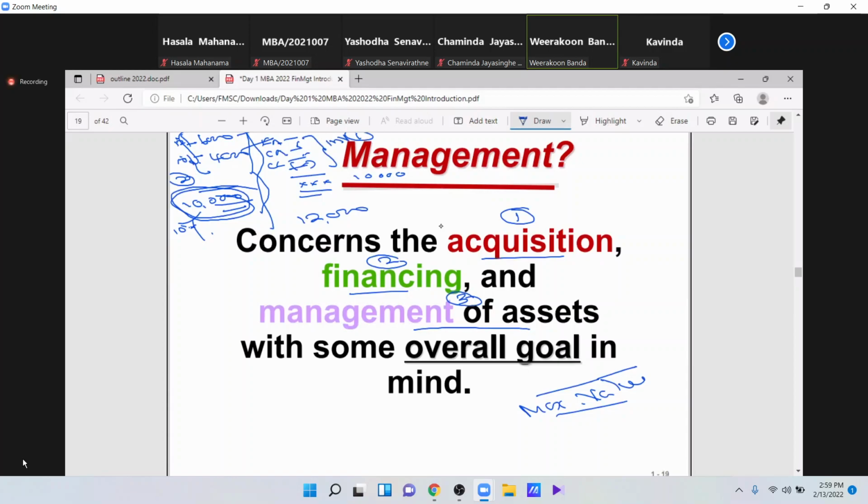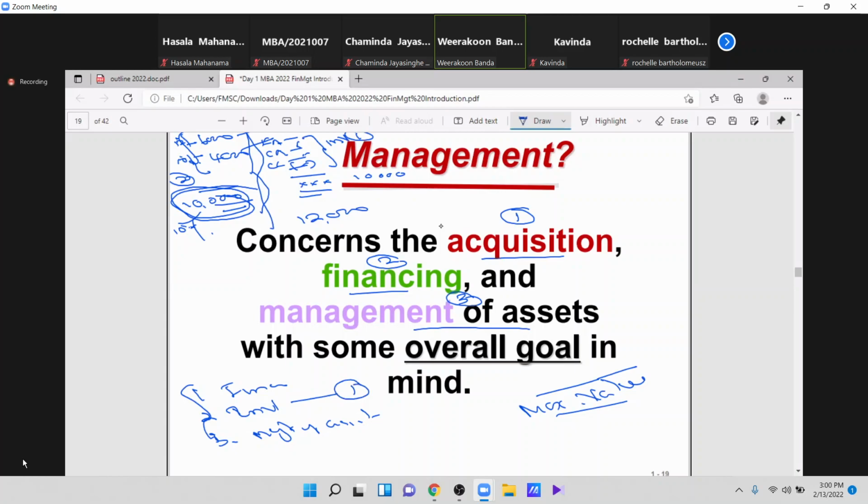Remember, in some cases we ask what the main financial management decisions are. Someone can say one is financing, second is investment, third is management of assets. But here there is an issue. For the financial management decisions, there's a priority. The first is the investment.